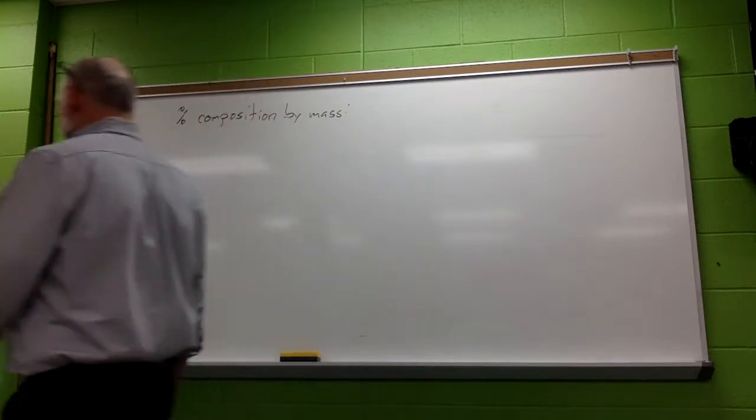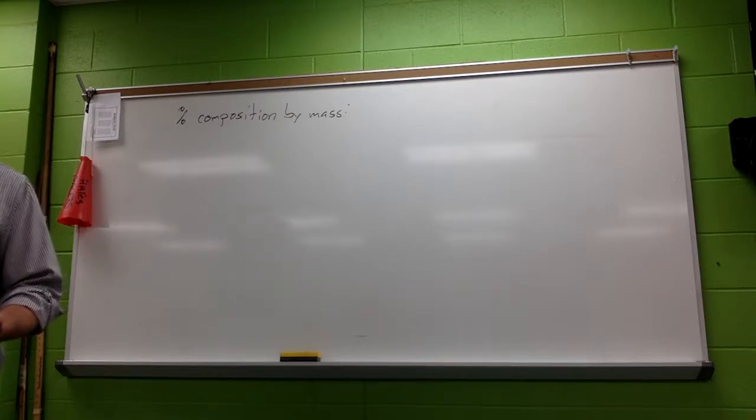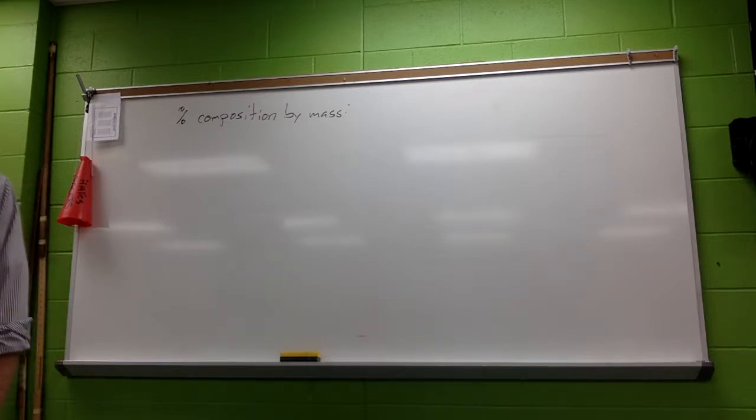Anyway, percent composition by mass. If you're going to find the percent of anything, what do you do? If you want to find the percent of brown eggs in a dozen eggs, and there are 3 brown eggs, what are you going to do?